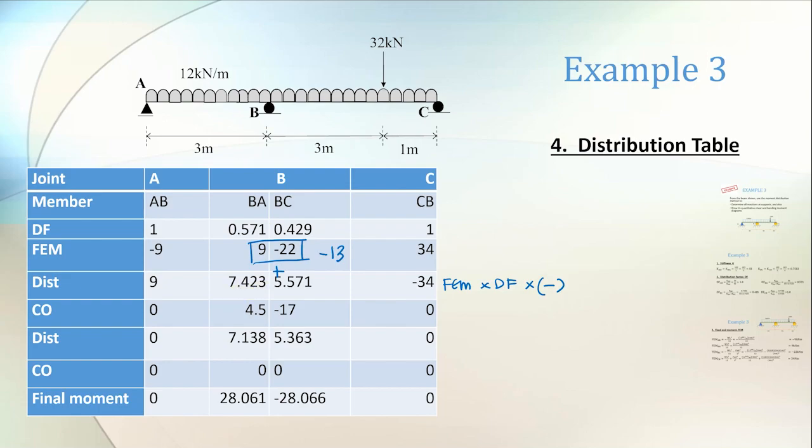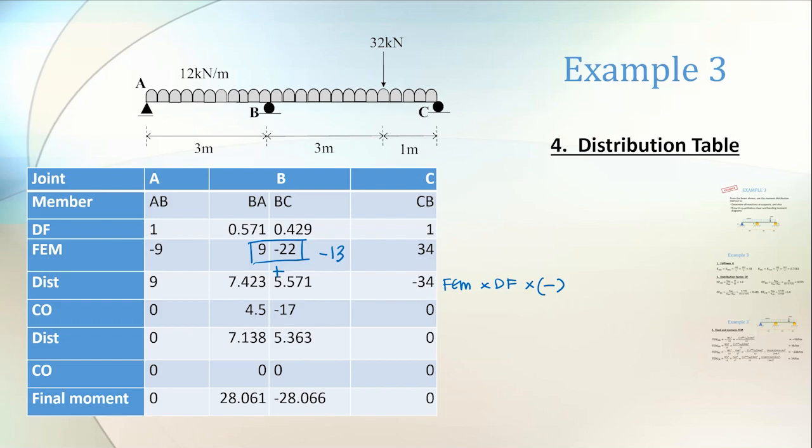I got this value. And for member BC, negative 13 again times with 0.429 the DF for BC and times with value of negative, and I get the 5.571. For CB, 34 times 1 and times negative become negative 34. So belum kosong, kita proceed lagi.